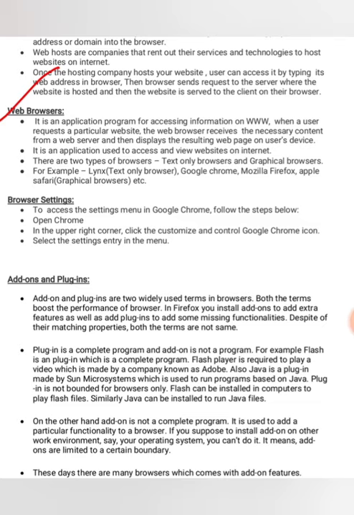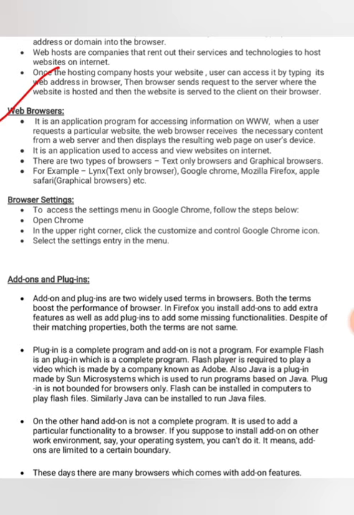Like if you want to access Wikipedia or your school website, you need to go first to the browser, then type the address of the website in the address bar, and then the browser opens that particular website on your screen.